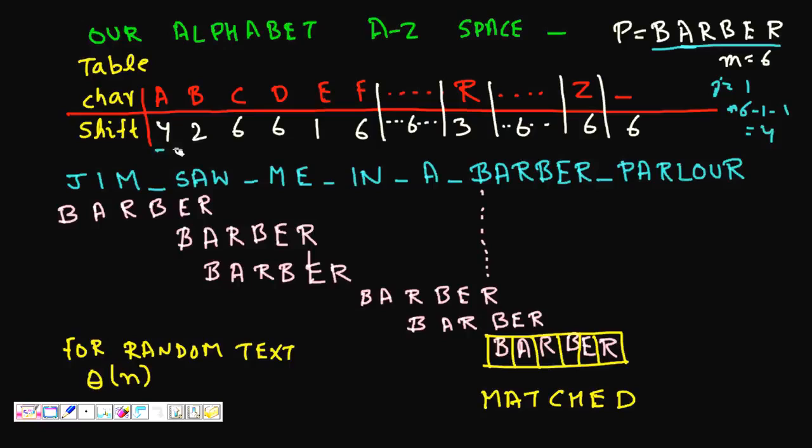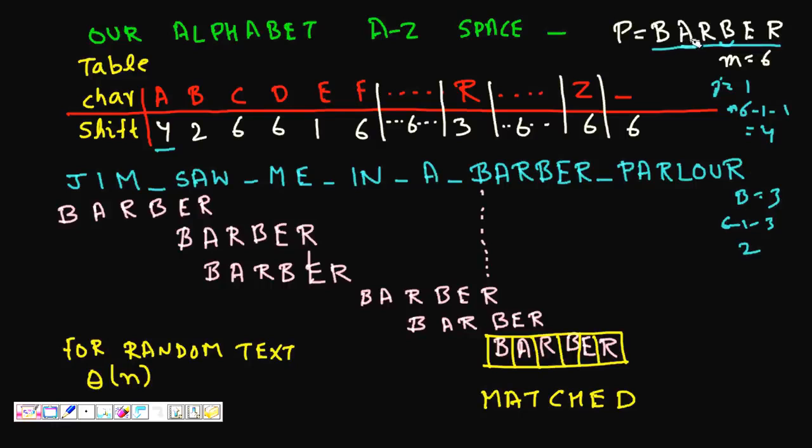So for A you make a shift of 4. For B, the rightmost B is here. So B is at 0, 1, 2, 3, so B is at 3. So 6 minus 1 minus 3 is 2. So we have a shift of 2. C is not present in barber, so make a shift of 6. E is present, so its J value is 5.